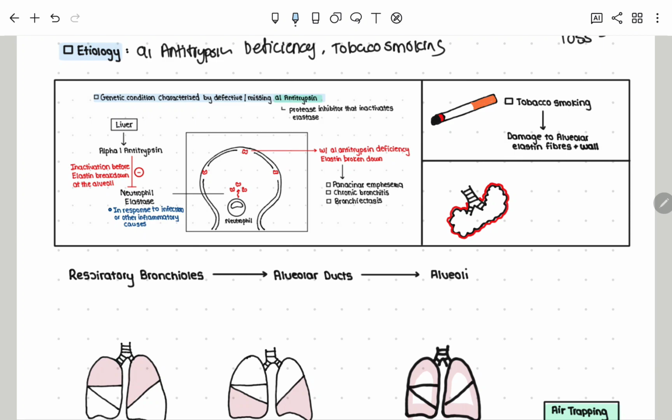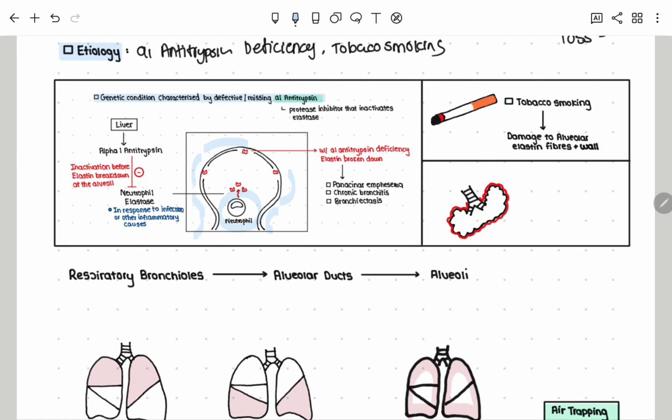Normally when you have some sort of infectious etiology or any sort of damage taking place to the lungs, acute inflammatory cells, being your neutrophils, once they're in the alveoli, release an enzyme known as elastase, which breaks down the elastic fibers that are found surrounding your alveoli.